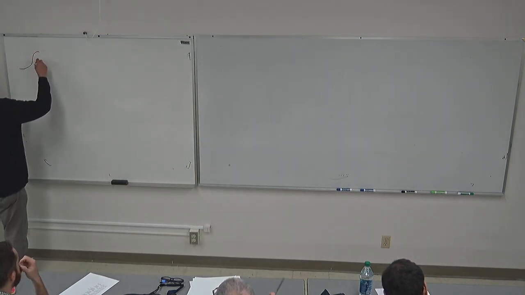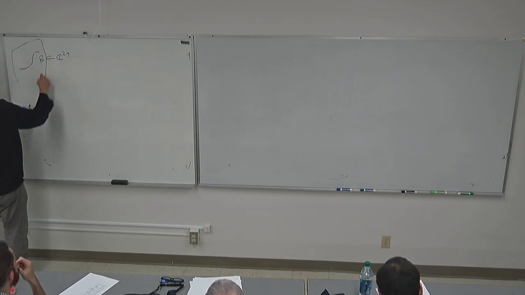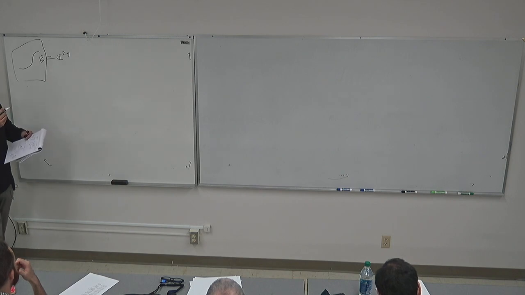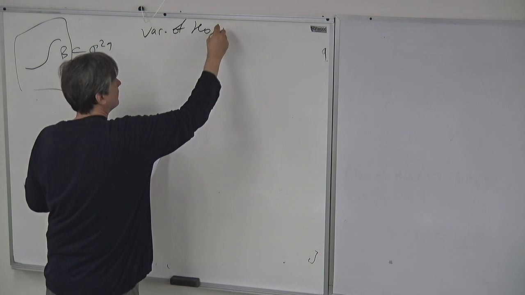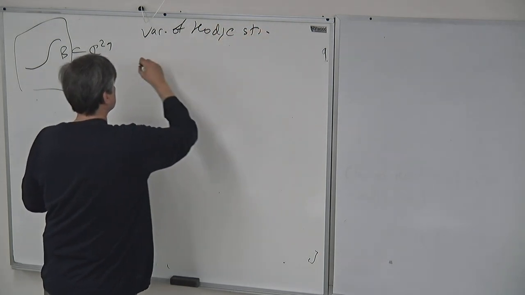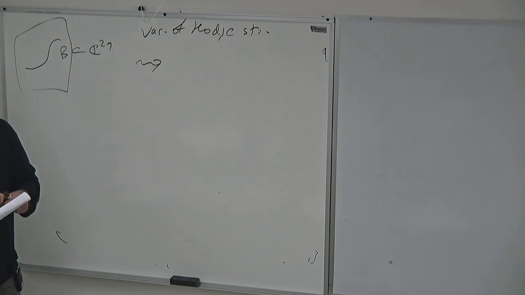I just recall you get B embedded in C to the g, and you get a variation of Hodge structures. Then from this one can construct a complex integrable system.